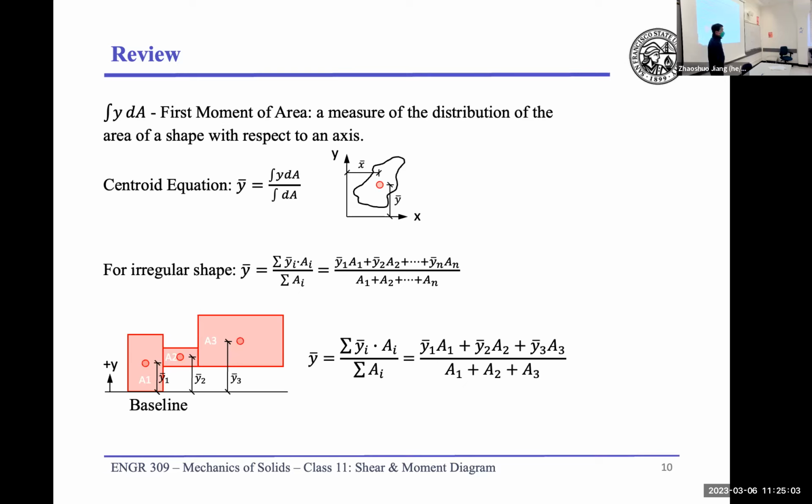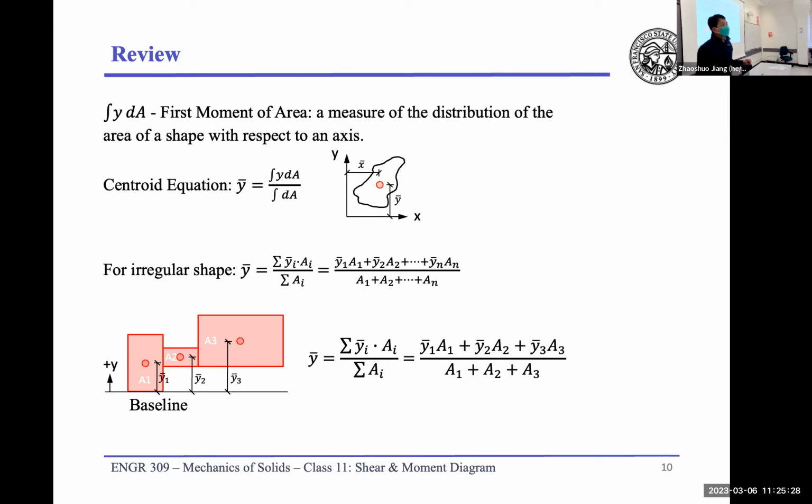And that's the same thing for area 3, divided by A1 plus A2 plus A3. And then through this equation, we can calculate for this overall irregular section where the centroid is in terms of the y direction for this cross section to its baseline.